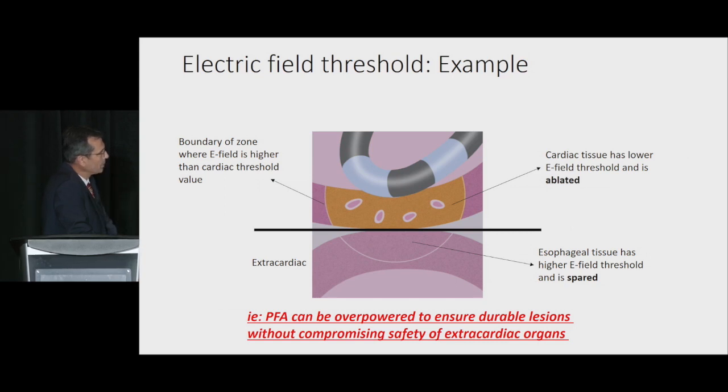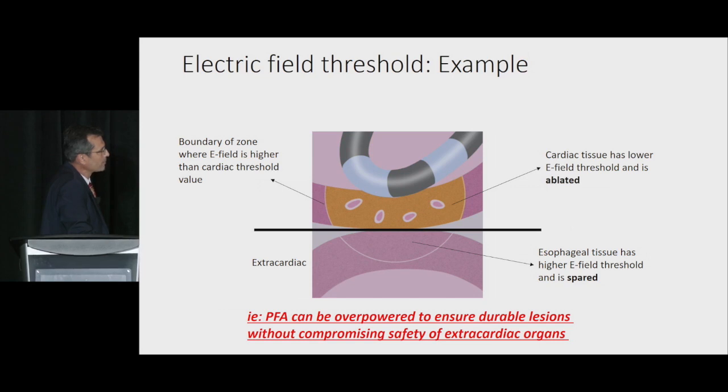And this here highlights the area where the electric field threshold is reached, and within this area all the myocytes are going to be destroyed, and everything that is below this limit is extracardiac.